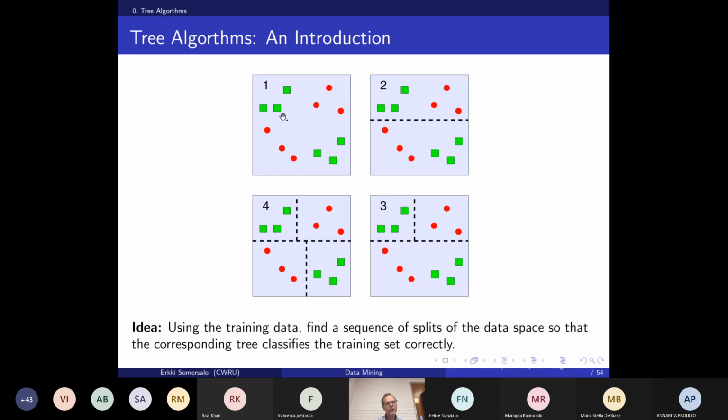In the tree algorithm, we try to divide these rectangles into smaller rectangles that do a better classification than just saying that it is either 1 or 2. If you go counterclockwise, 1, 2, 3, 4, you see what is happening here. First I'm splitting my rectangle with a horizontal line. So my first question would be, are you below or above this value of x2?